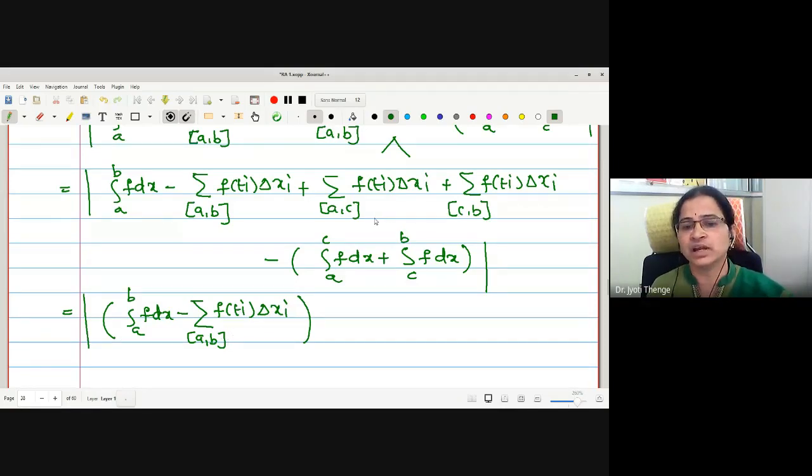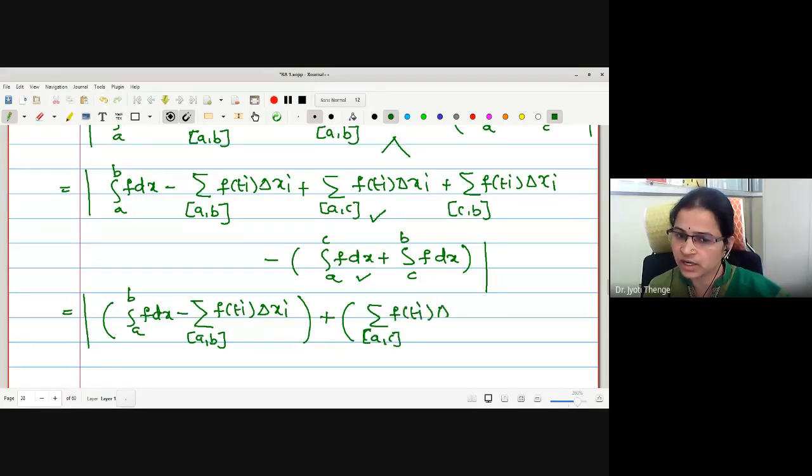Now we will collect the summation on AC and the integration on AC in one bracket. Therefore, let me put a bracket. This gives us summation on closed interval AC f of ti delta xi minus integration a to c f dx. And what is the third part?